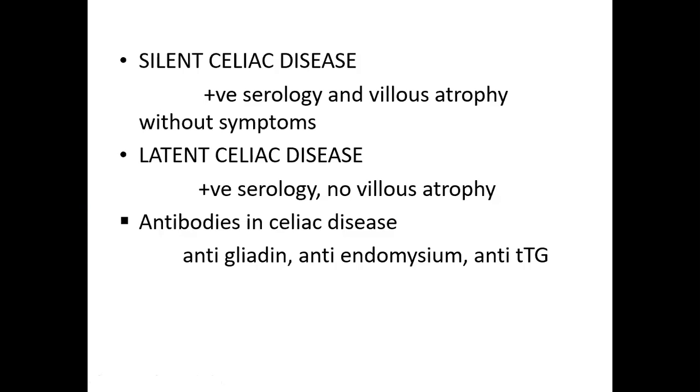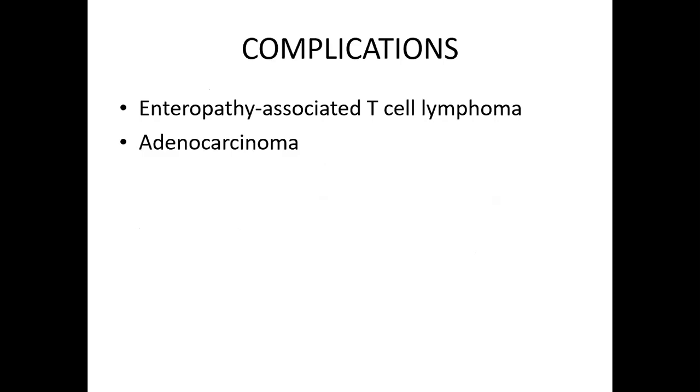Diagnosis of celiac disease is based on clinical symptoms and signs, then serologic diagnosis, that is presence of antibodies, and biopsy of the duodenum. So the diagnosis depends on three features: symptomatology, biopsy findings, and serology. So what are the complications of celiac disease?